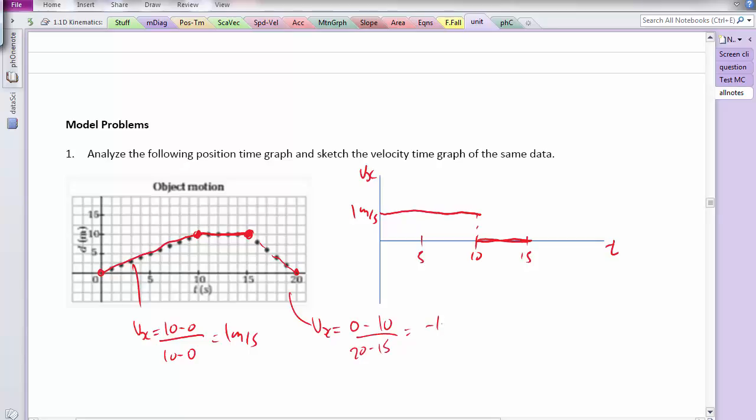Okay, so this is negative 10 over 5, which would give us negative 2 meters per second. And so we would have a constant negative velocity of -2 meters per second.